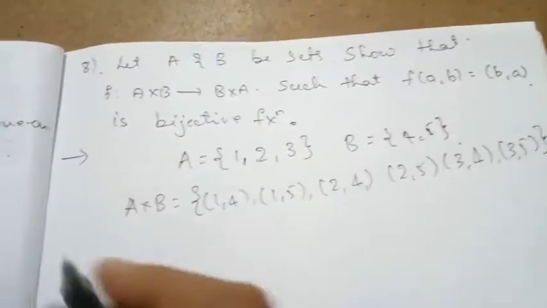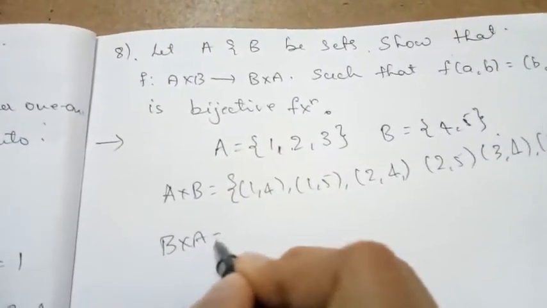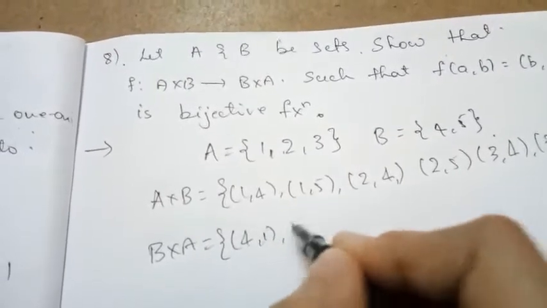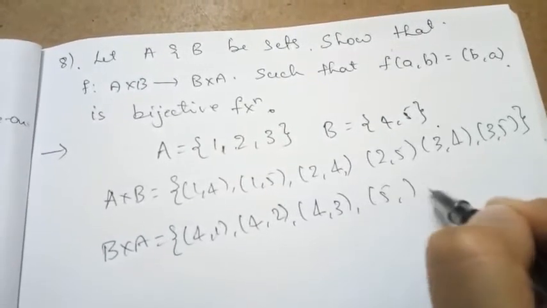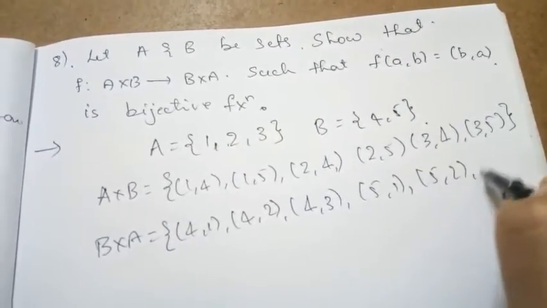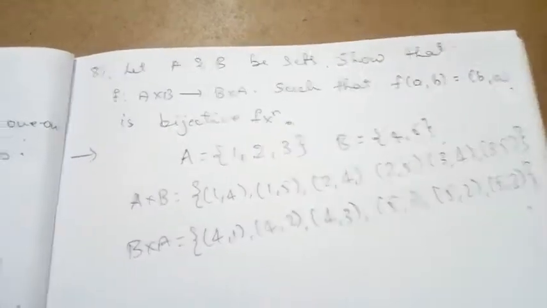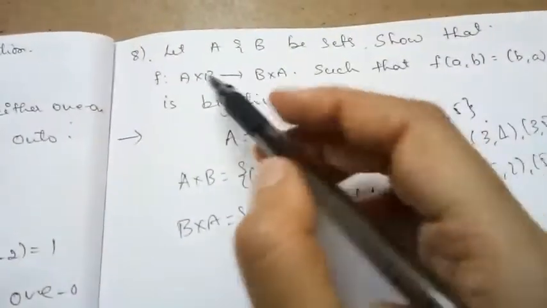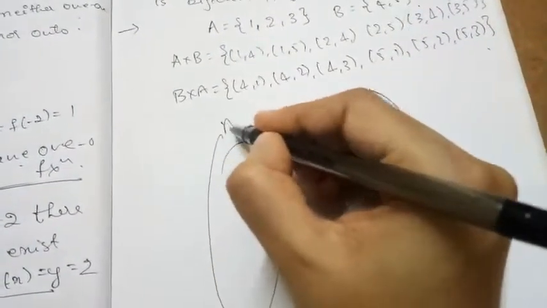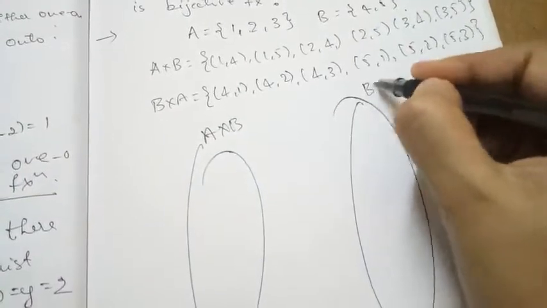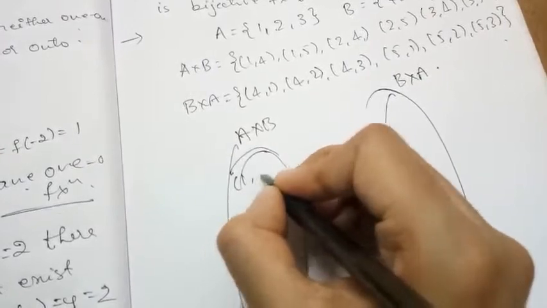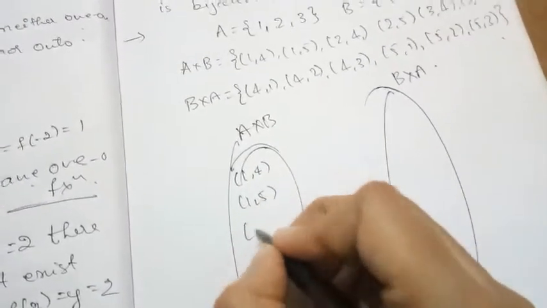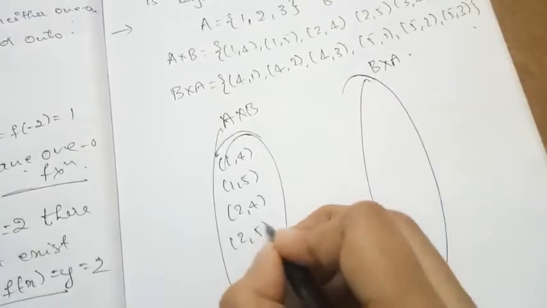So this will be our A cross B. How will our B cross A be? It will be (4,1), (4,2), (4,3) and (5,1), (5,2), (5,3). So this will be our B cross A. What they have said is the function is defined from A cross B to B cross A. So our domain is A cross B, codomain is B cross A. The elements of A cross B are (1,4), (1,5), (2,4), (2,5), and so on.